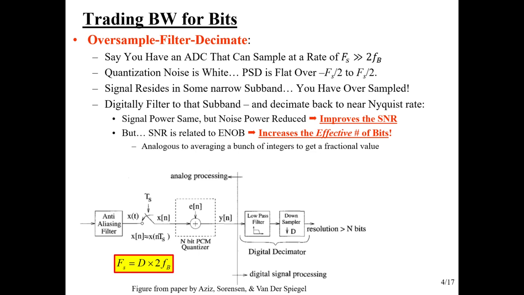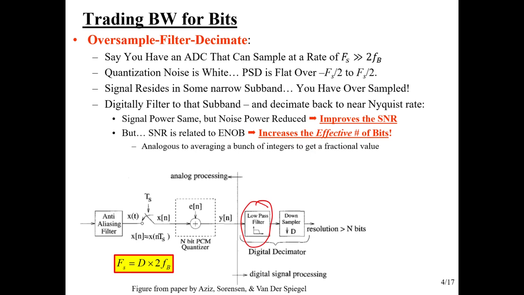If that's bothering you, think about taking a bunch of integers and averaging them together to get a fractional value. That's kind of what we're doing. This low-pass filter acts like an averaging.